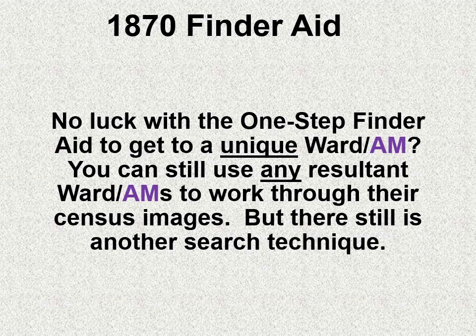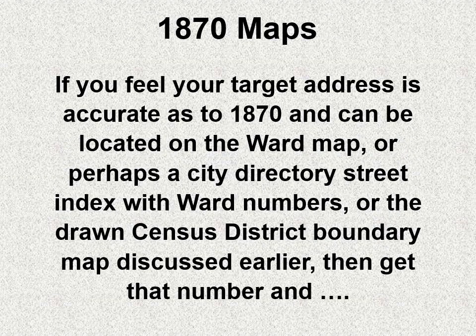So, you have no luck with the one-step finder aid to get to a unique Ward AM? Well, remember, you can still use any resultant Ward AMs to work through their census images. But there is another search technique, and that goes back to the beginning of this video when we talked about ward maps and the district definitions.